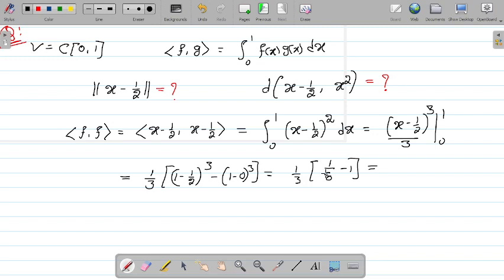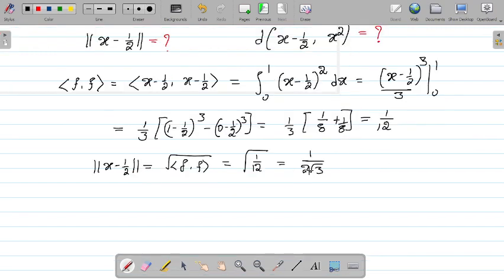Here I am taking the cube, so minus 1 whole cube is minus 1, and minus into minus is plus. So that will be 1 by 4, so 1 by 12. That's it. So now if you want the norm of this function, norm of x minus 1 by 2, that's equal to the square root of this, which is the square root of 1 by 12, which is nothing but 1 by 2 root 3. So that is the norm of x minus 1 by 2 under this inner product.